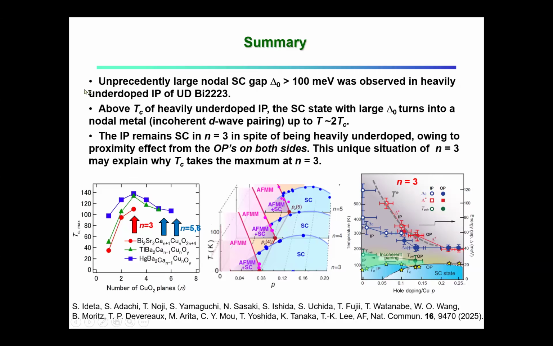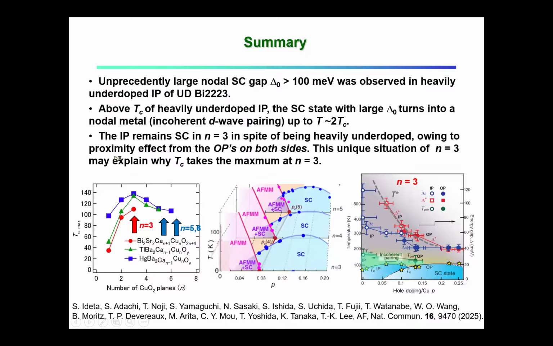To wrap up and summarize, we have observed a very large nodal gap. The extrapolated value exceeds 100 meV, the largest number, in the heavily underdoped inner plane, and above TC, this D-wave gap persists in some cases up to twice TC.